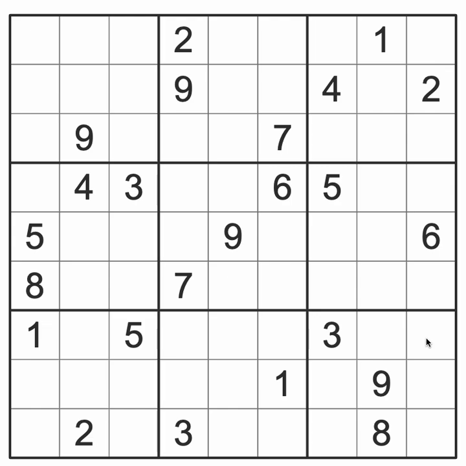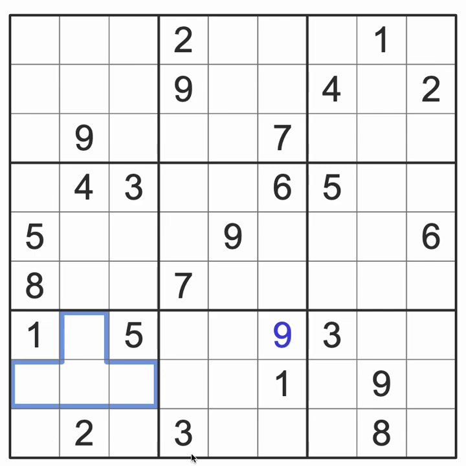First thing first, I could find only one first step possibility. Sorry, I should start by looking at box 7, because this 9 blocks here, this 9 blocks here.